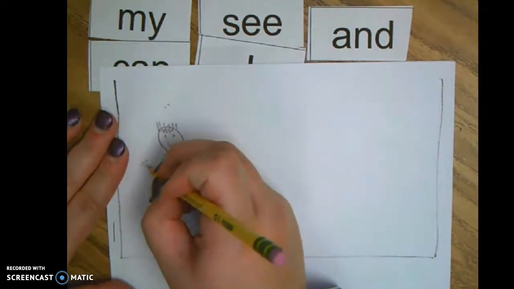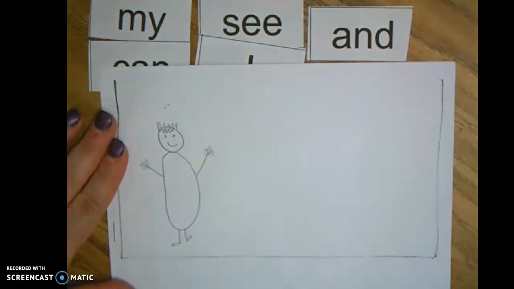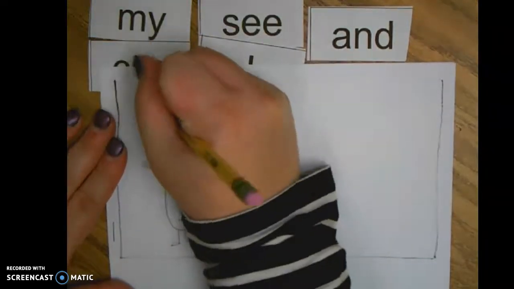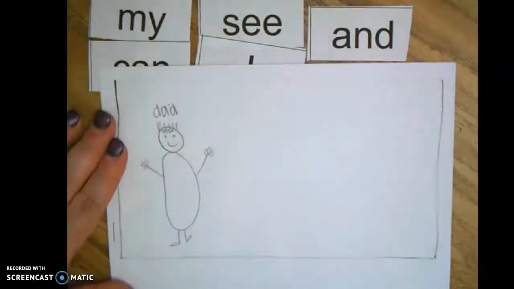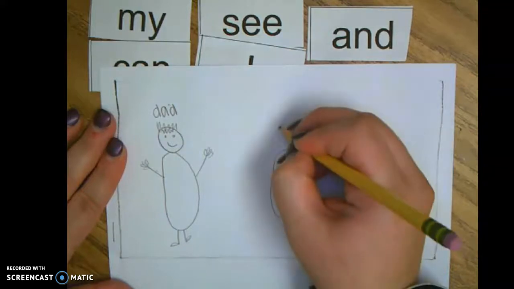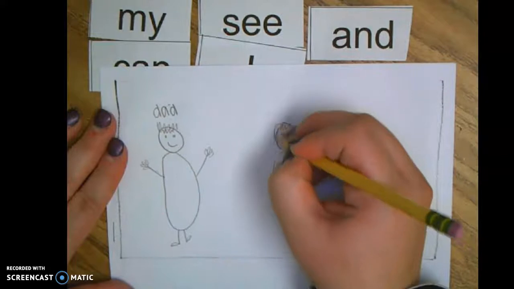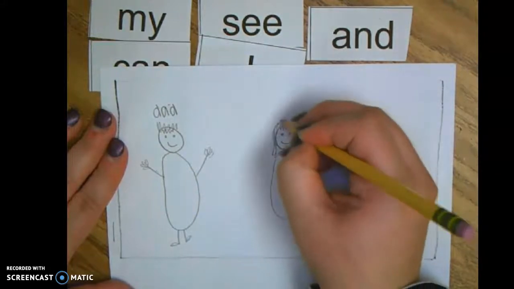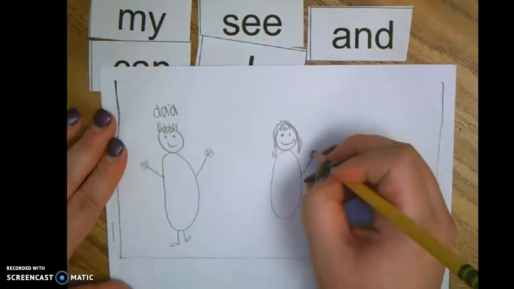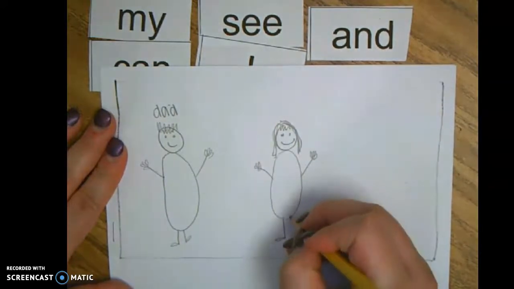Make sure they have some hands and some legs. So I'm going to write the word dad. Okay? And then I'm going to draw a picture of my mom. That way, when I go back to write my sentence, I know and I can remember what I wanted to talk about on this page. So I'm just going to do a quick sketch of my mom and dad.